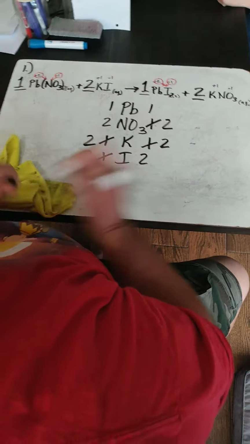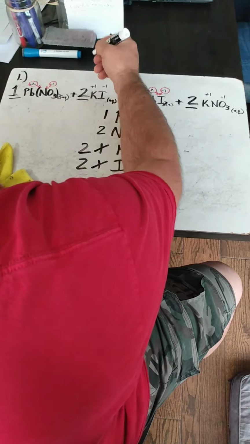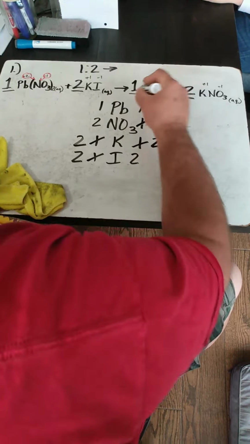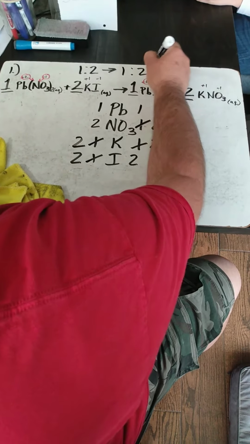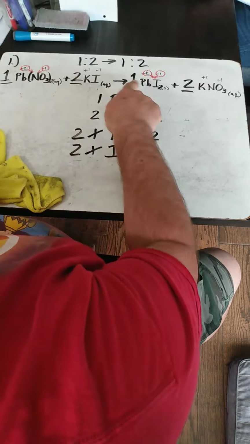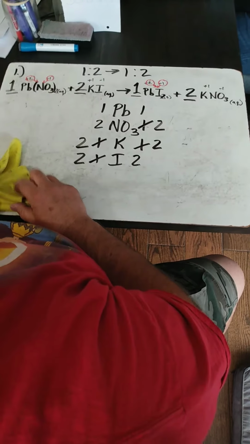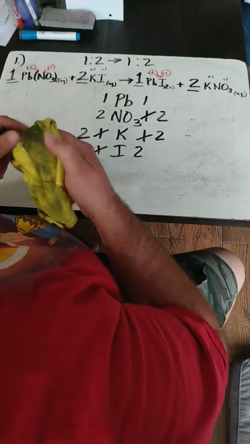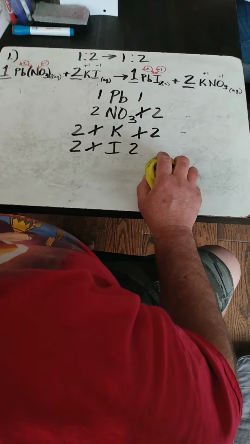So this is what it would look like if it was a ratio. 1 to 2 yields 1 to 2. Okay, so that's what it looks like. Again, these coefficients are really super important even later on with stuff that we're going to get into.